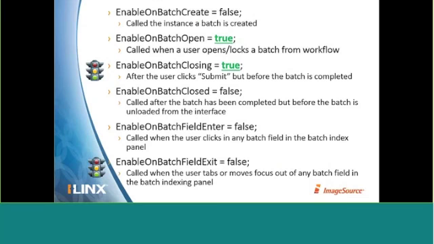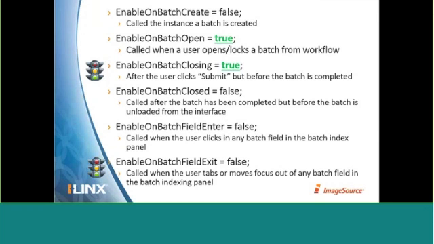framework. I'm not going to go through this in detail, but just to mention that there are 6 batch-related events that you can register to handle in your custom extension. The on-batch open and on-batch closing events are very common events that people tap into frequently.